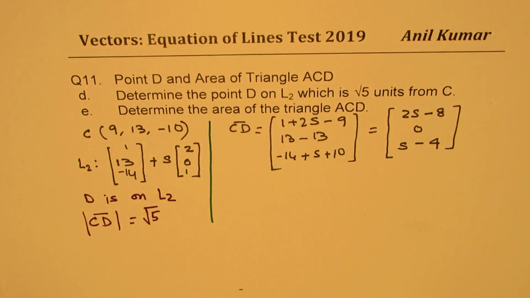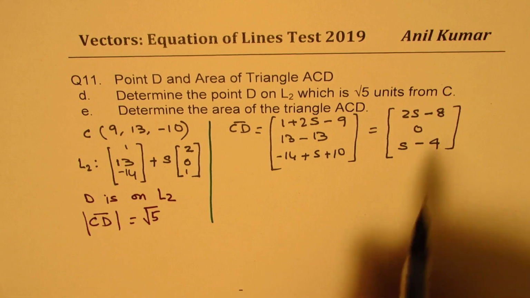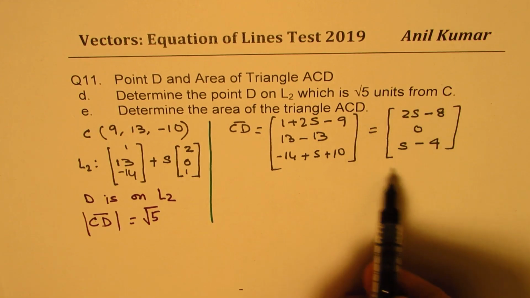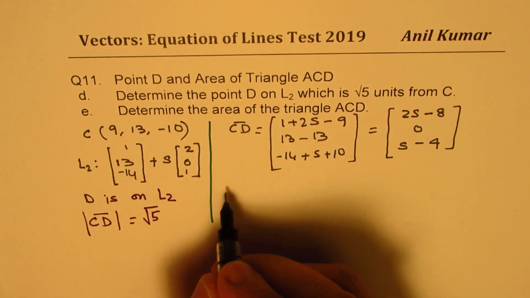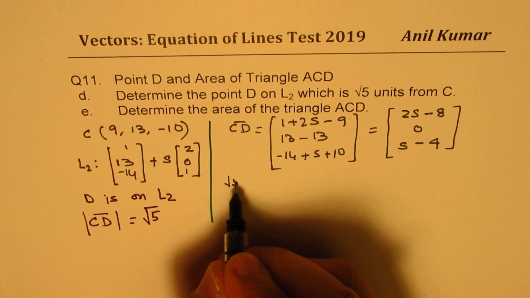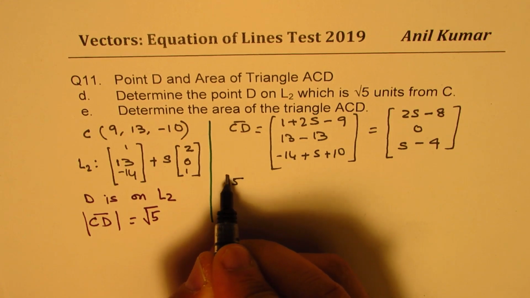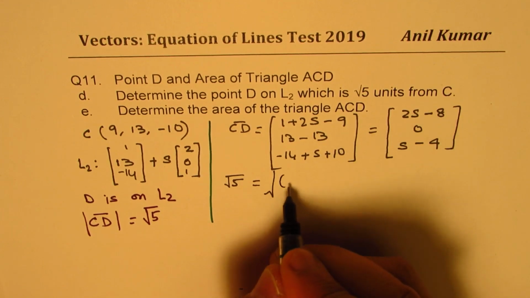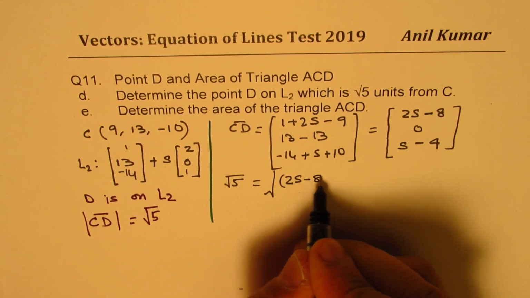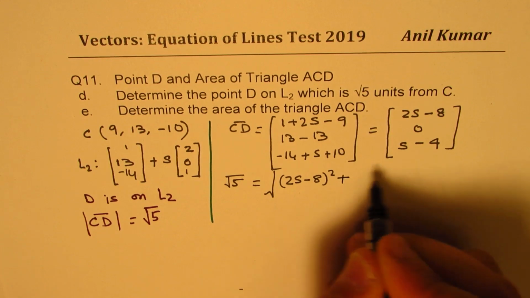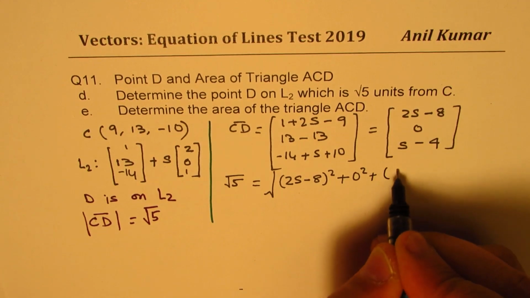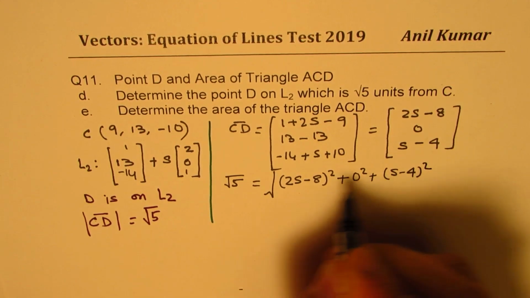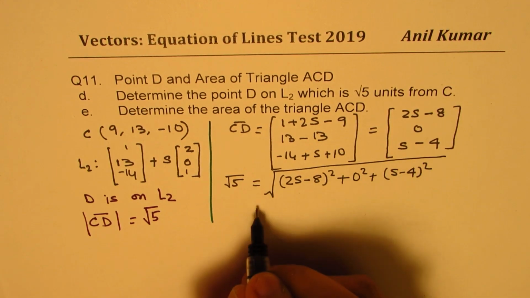Now we need to find the magnitude, which is square root of 5. So the magnitude of CD equals square root of 2s minus 8 whole squared, plus 0 squared, plus s minus 4 whole squared.